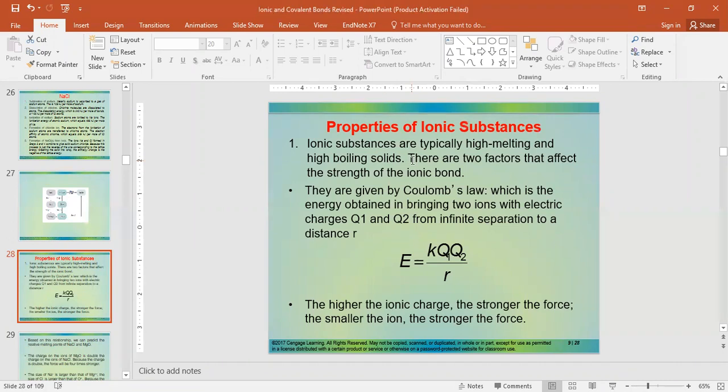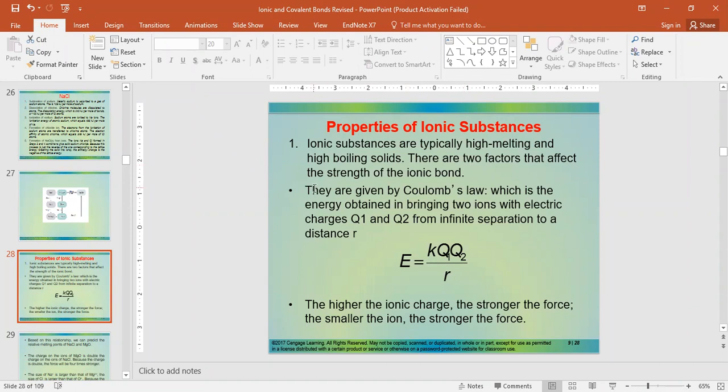Although not the highest, think from chemistry, it is the covalent bonds that have the highest melting and boiling points. These ones are just high, but the value will be determined by the atoms or the elements that are involved in combination. So we say that there are two factors that affect the strength of the ionic bond.